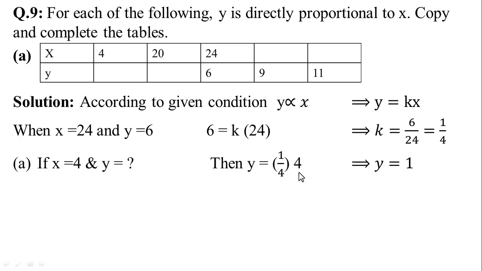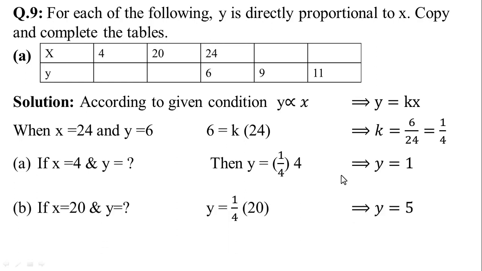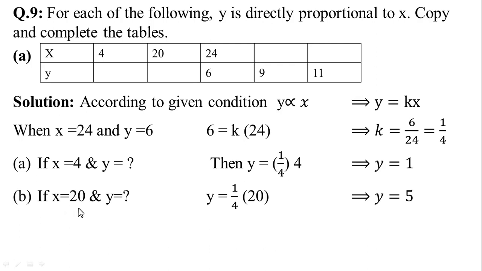Now after the simplified relation, y is equal to 1. In part B, x is equal to 20 and y is equal to question mark. Then y is equal to the value of k, 1 upon 4, and x is 20. Then simplify this relation. 4 ones are 4, 4 fives are 20. The value of y is equal to 5.